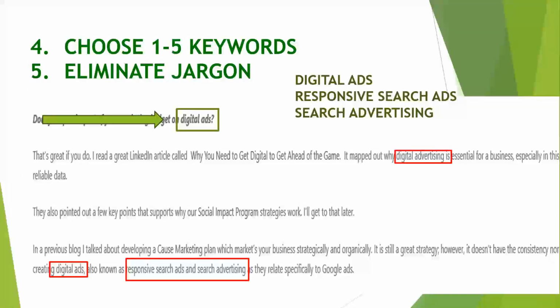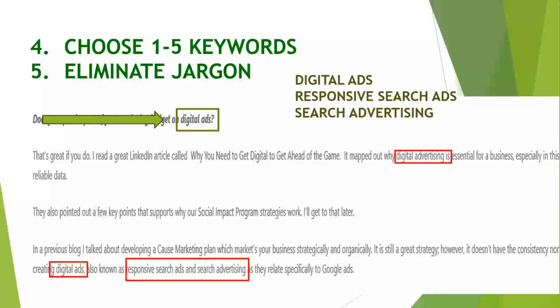In fact, in that one sentence right there, all 3 keywords are listed: digital ads, responsive search ads, and search advertising. So you really want to think about what is the true intention of this article and make sure that you add those keywords into the article.